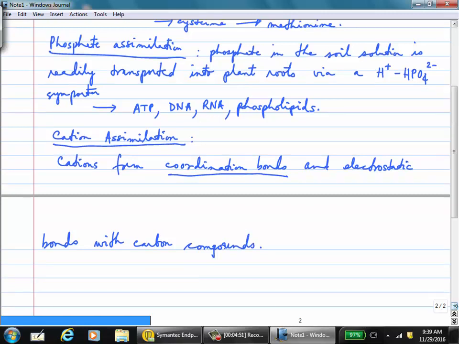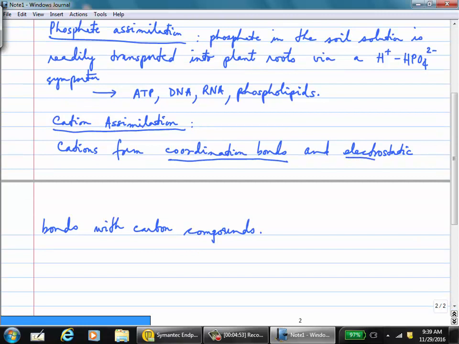Now electrostatic bonds, you're all familiar with that: attraction between positive and negative charges. What are coordination bonds? Well, these are not covalent bonds, but you might have oxygen and nitrogen that donate their unshared electrons to the cation. When oxygen and nitrogen form covalent bonds, you have sharing of electrons, but there might be unshared electrons that these atoms could donate to the cations, and those are called coordination bonds, right?